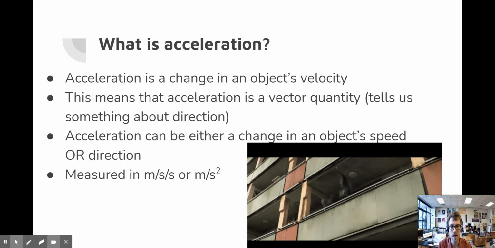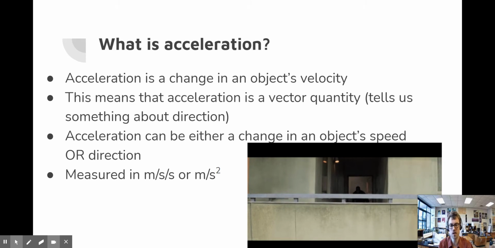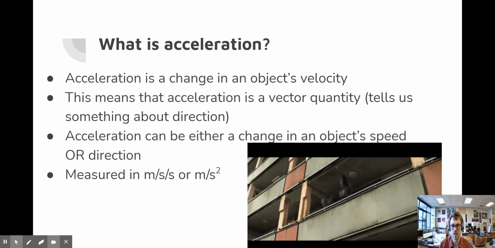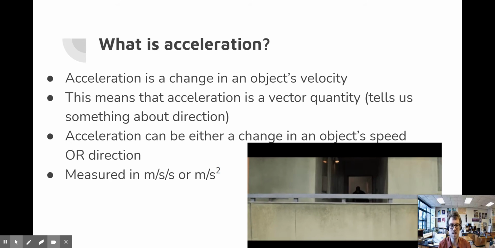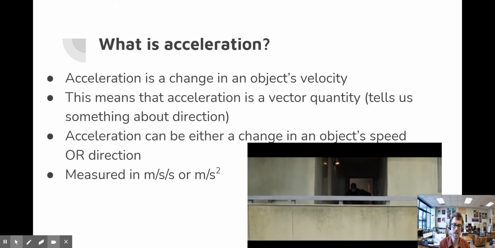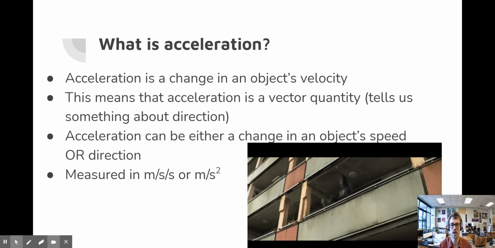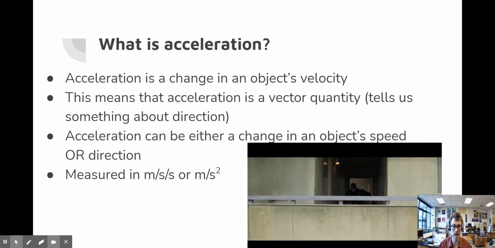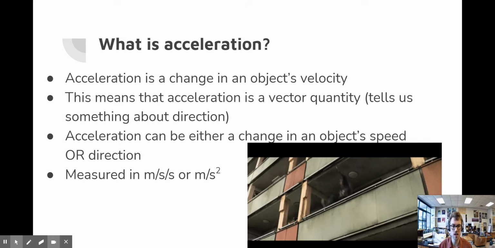Now, acceleration can be either a change in an object's speed or an object's direction. Now, you're probably wondering, why am I using the word speed here? Well, remember that velocity is both speed and direction. So when we talk about acceleration, we're talking about either changing an object's speed, so either getting faster or getting slower, or we're talking about changing the direction.